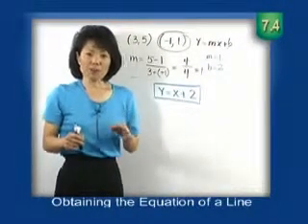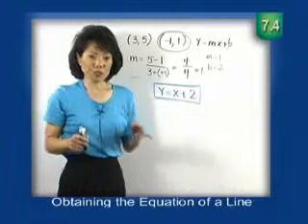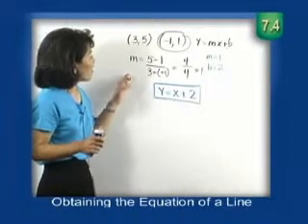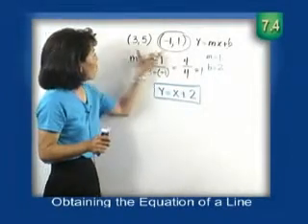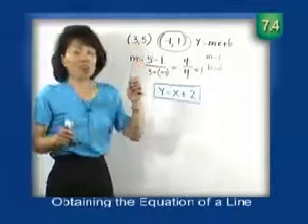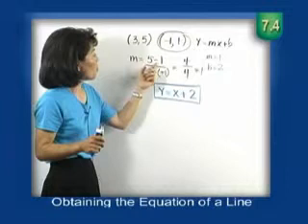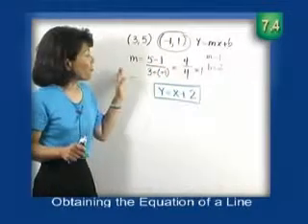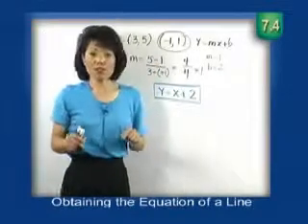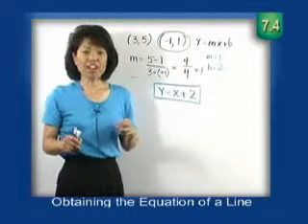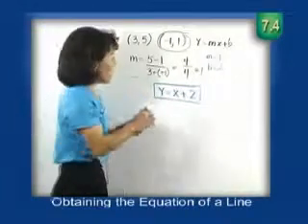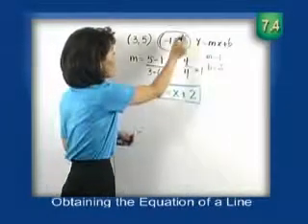Again, let me go through the procedure because I know that it's a little bit complicated. Step number 1, what did we do? We used the slope formula, subtracting the y's and subtracting the x's. We found our m is equal to 1. Now to find b, we take any point, either of the 2 points.